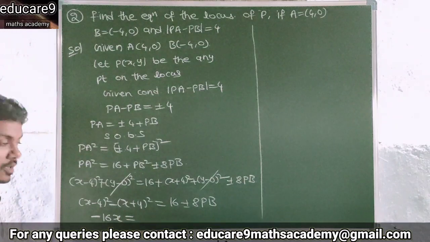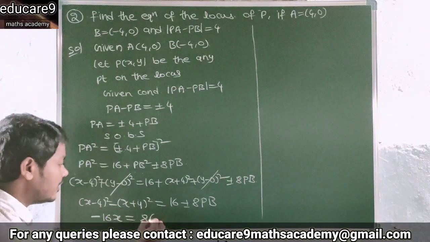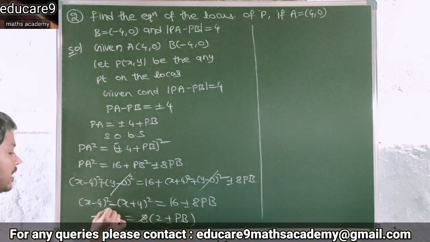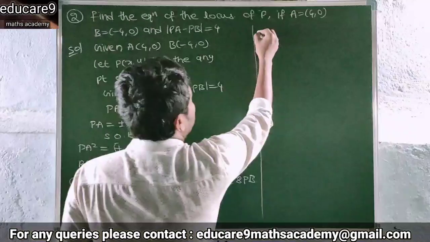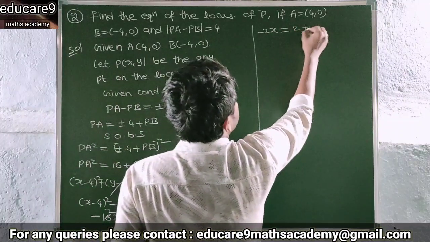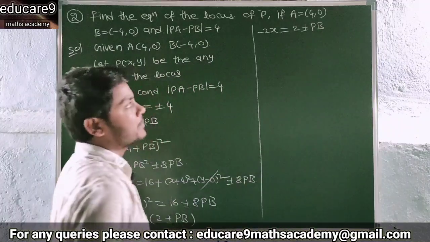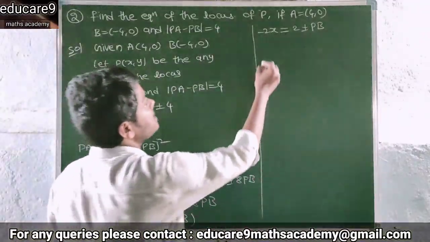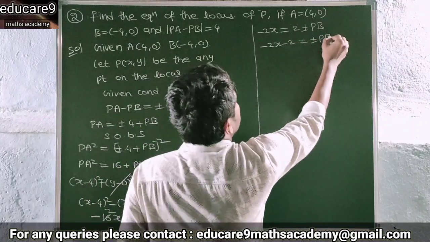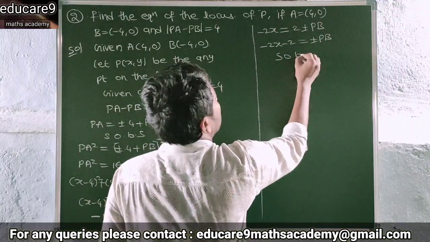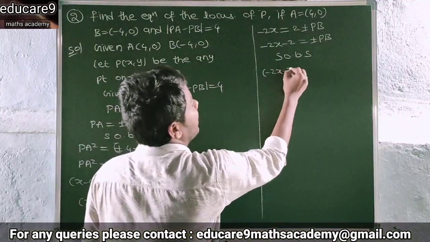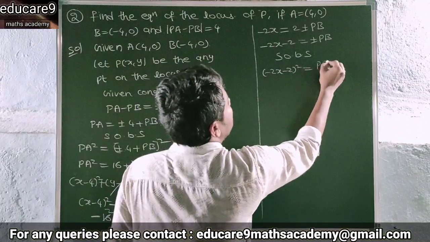So this is equal to, here 8 is common, you will get 8(2 ± PB). So clearly -2x = 2 ± PB. Now again this is -2x - 2 = ±PB. So squaring on both sides, you get (-2x - 2)² = PB².